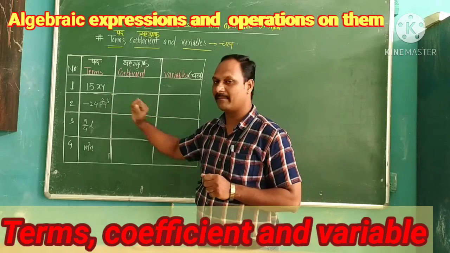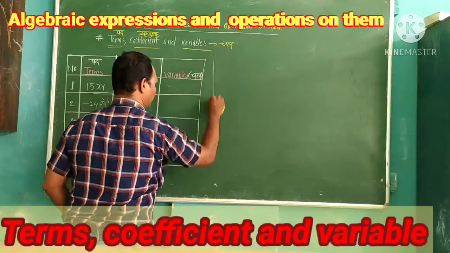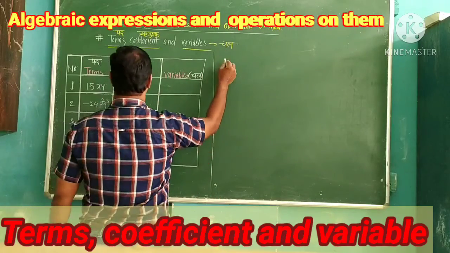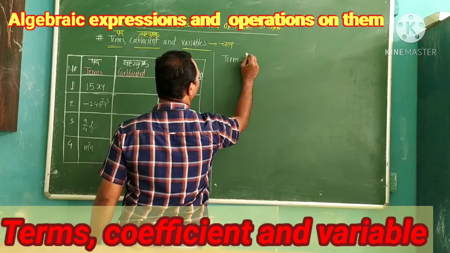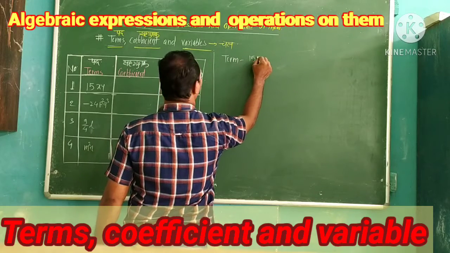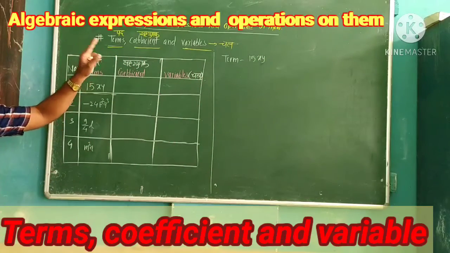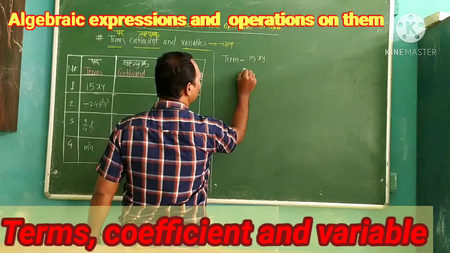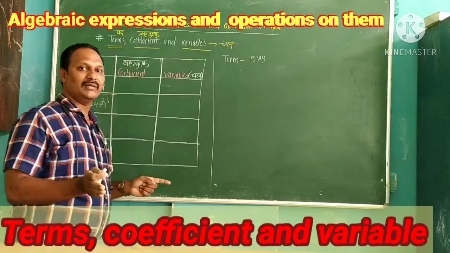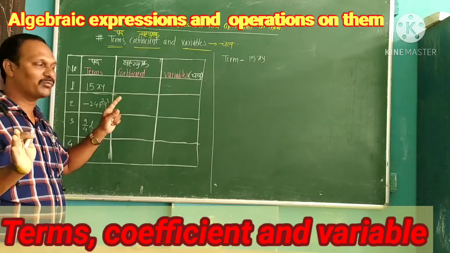Now take the first example, 15xy. This is the first term. Now term means what? Multiply all coefficient and variable in multiplication form.